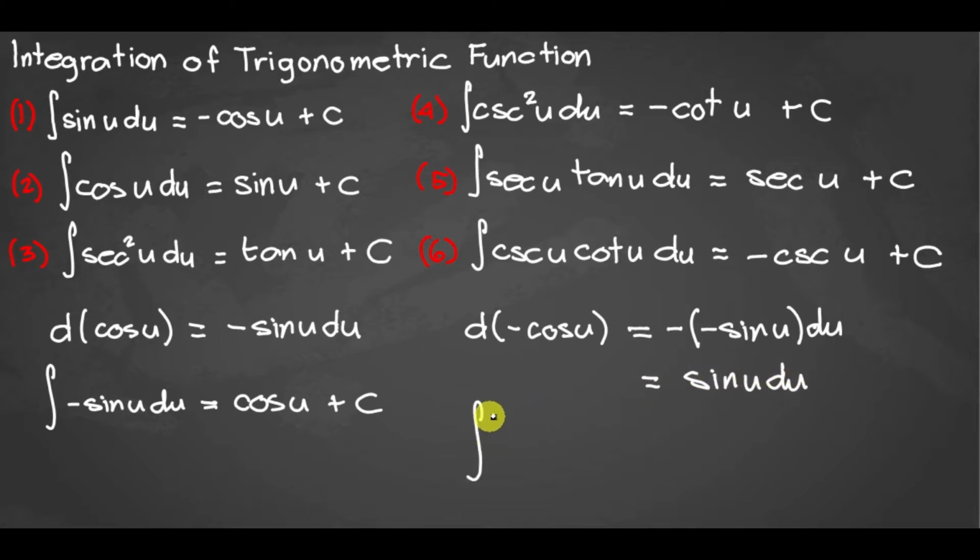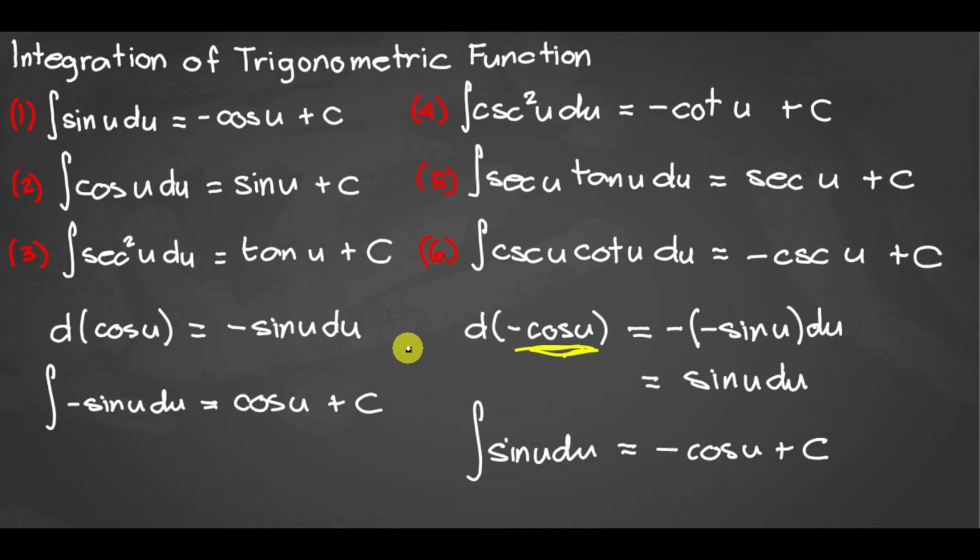Now, if we take the integral of the derivative, which is sine u du, it is simply our original function, that is negative cosine u plus c.